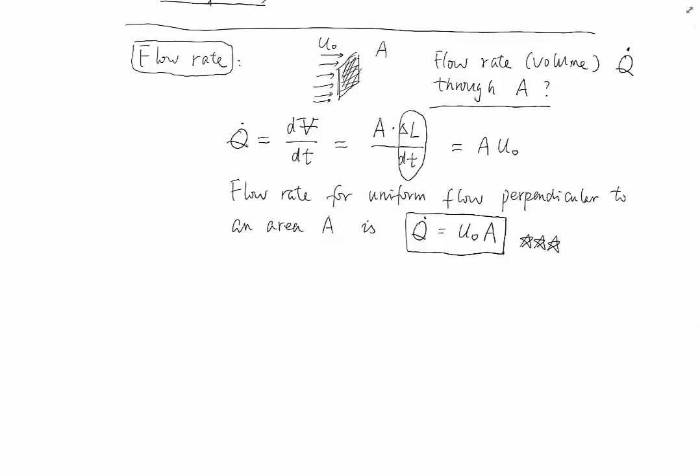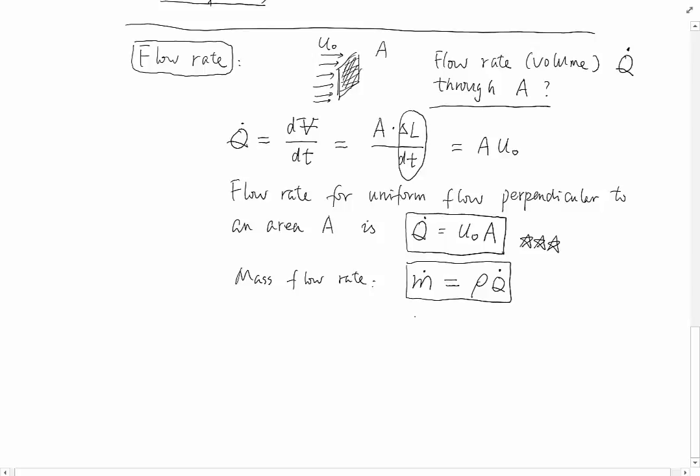And there is a conversion of mass flow rate to the volume flow rate. If the mass flow rate, we write that as m dot, then it is just mass density times the volume flow rate.